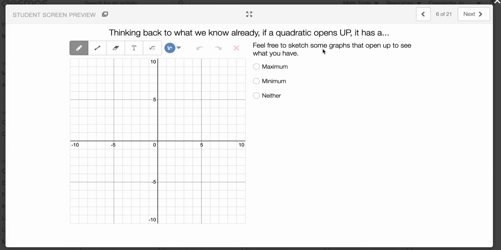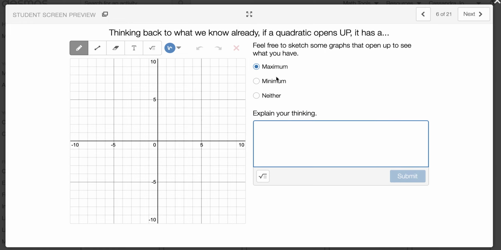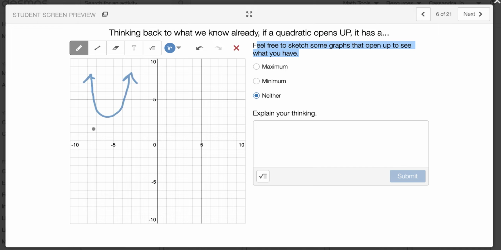When we have a quadratic that opens up, so let's say we found the A value is positive and it's going to open up, we want to figure out if that means we have a maximum, a minimum, or neither of those things. I can sketch some graphs that open up to see what we have. Let's sketch a couple graphs that open up, one like this, one like this.